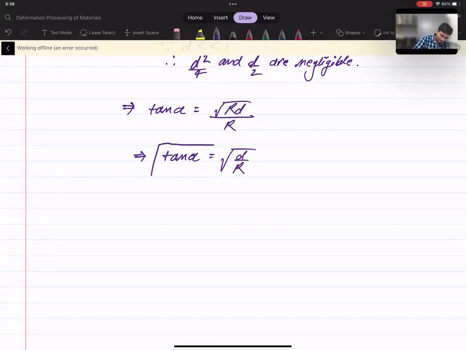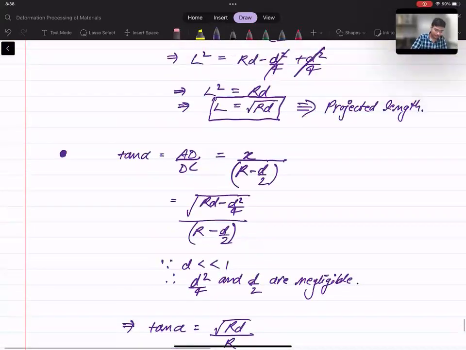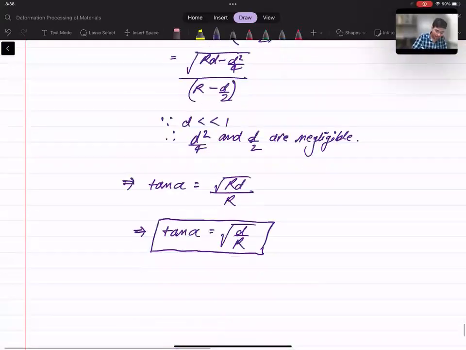Okay. So this is the relation between this bite angle alpha, draft d, and roll radius r. Okay. So let us say this was the first relation, this is the second one.